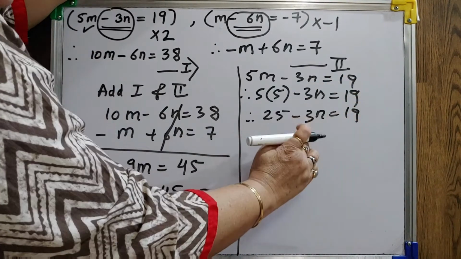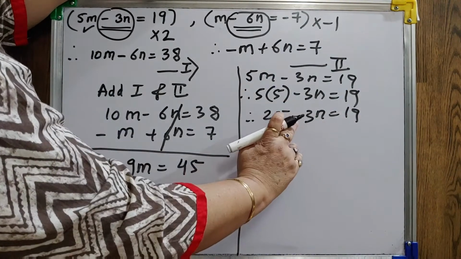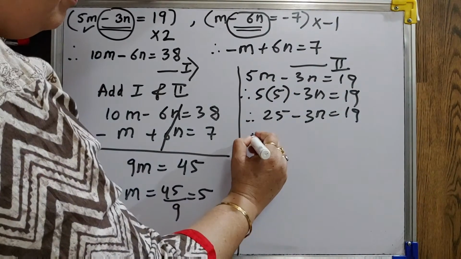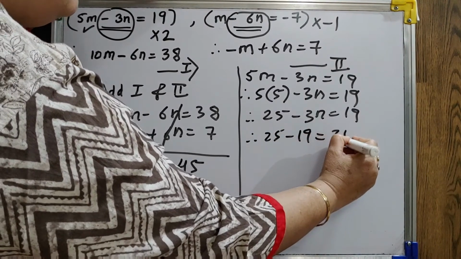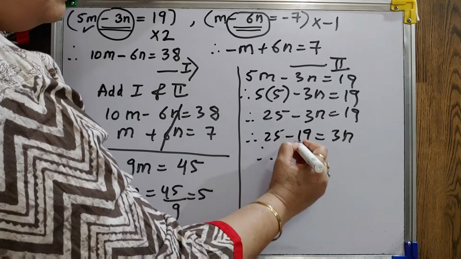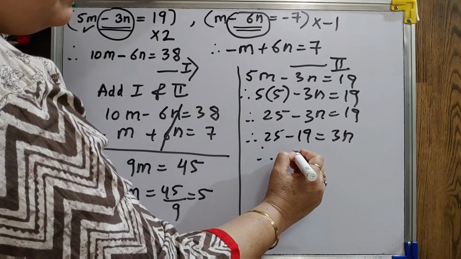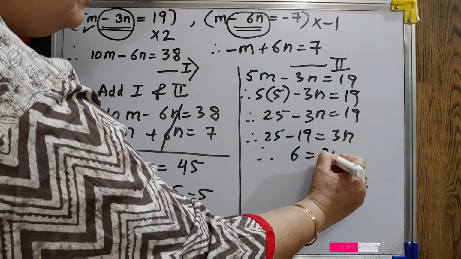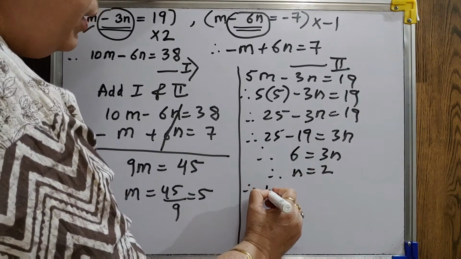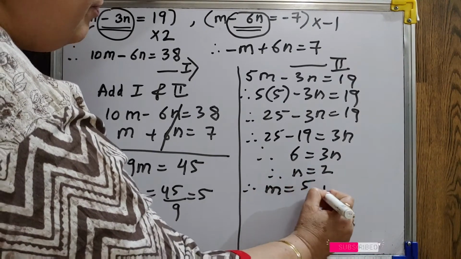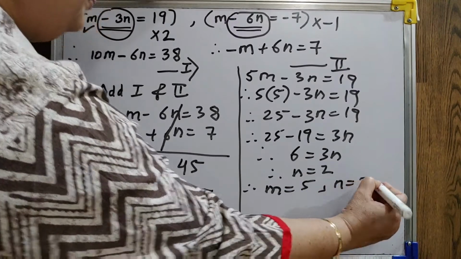You can transfer 19 this side and 3n that side so that the negative part becomes positive. That way also you can solve. How much is it? 6. So your n is 2. So you got m equals 5 and n equals 2.